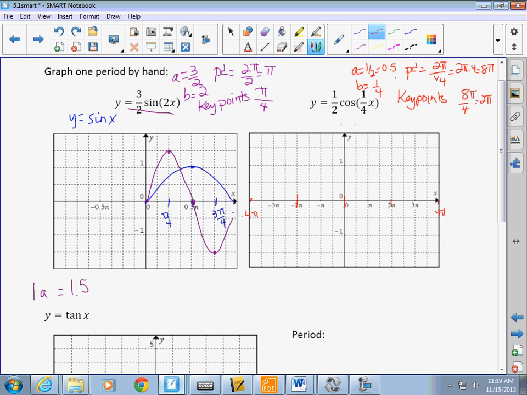It's funny though, I thought cosine never, 0, 0 never occurs. Right, 0, 0 doesn't occur. It has to start at 1. So a normal graph, y is equal to cos x, would start here at 1. But because this is a 1/2, that means I'm going to start at 1/2.